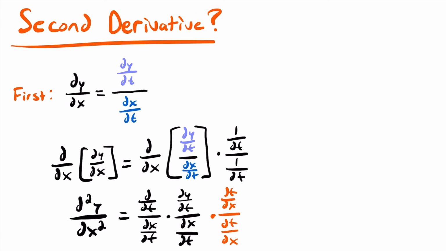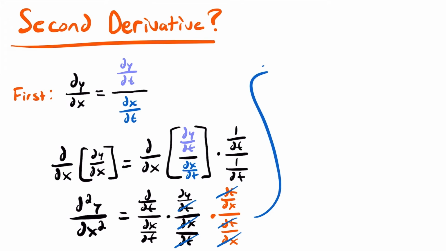What's going to happen is this dx will cancel out with that dx, this dt will cancel out with this dt, and this dt will cancel out with this dt. Right? So we are allowed to do this because dt/dx divided by itself is just a form of 1. We're only multiplying by 1 again, so we're not really changing the value of this second derivative. We're just changing its form, how it looks.